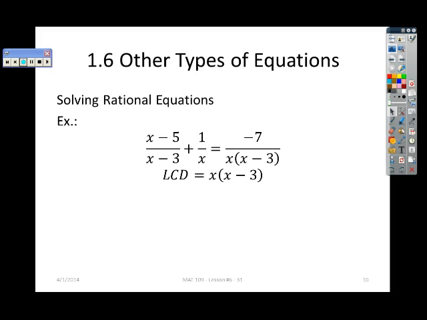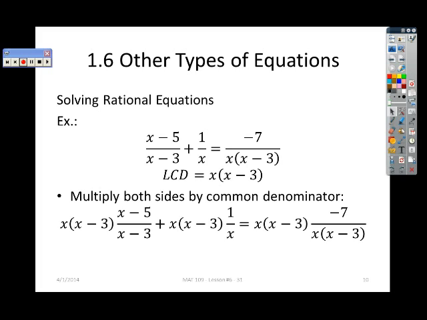What I now have to do is take that LCD and multiply it times this fraction, times that fraction, and times that fraction. So x times x minus 3 times this, x times x minus 3 times this, and x times x minus 3 times that. I can divide out common factors now.